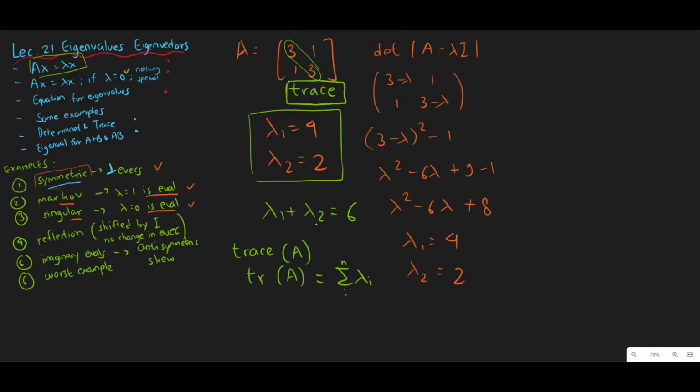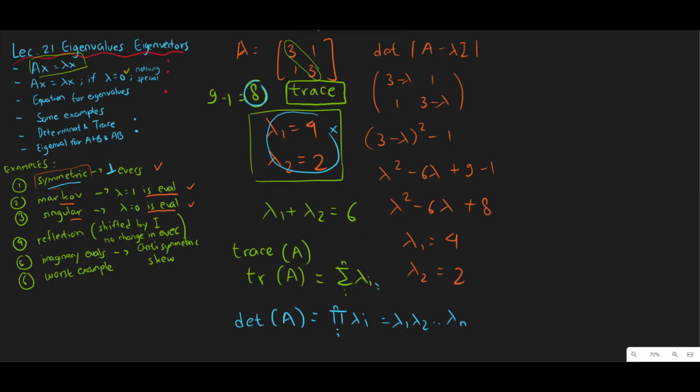And there's another thing, which is the determinant. The determinant of this is 9 minus 1, so you have 8. And where do you see this number? Exactly, you multiply the lambdas. So the det of A is, I would call this the big pi, the multiplication of the lambdas, like lambda 1 times lambda 2 times lambda n and so forth.